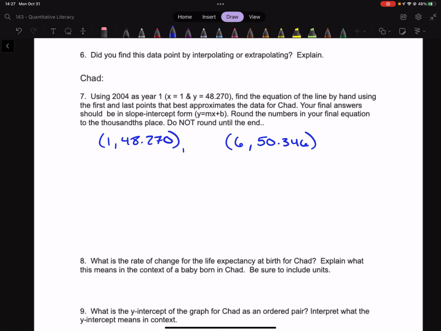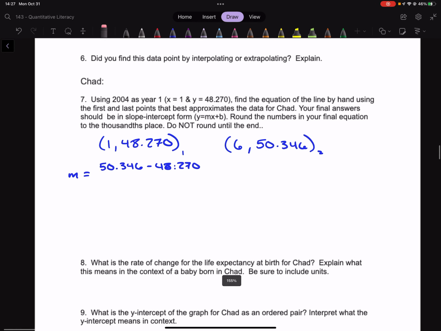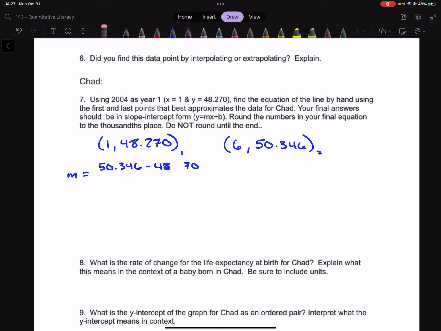Okay, that's point 2. Now let's go ahead and do the exact same thing we did for Tanzania. So we're going to have y sub 2 minus y sub 1 all over 6 minus 1. Bringing out our handy dandy calculator.